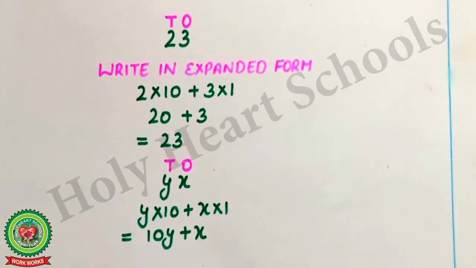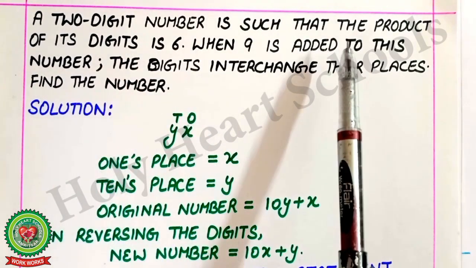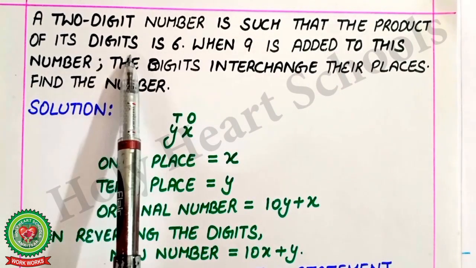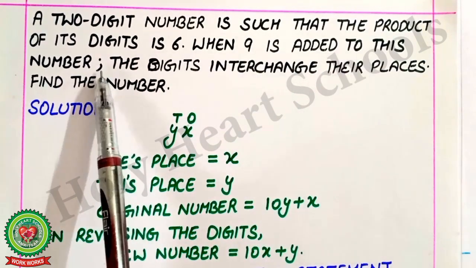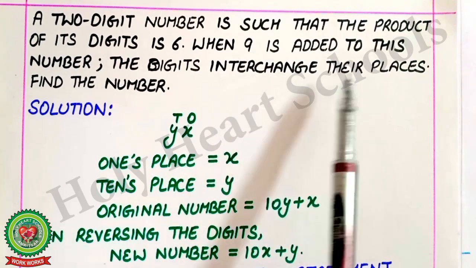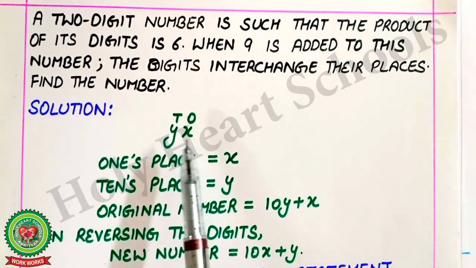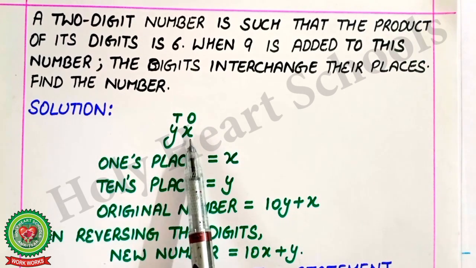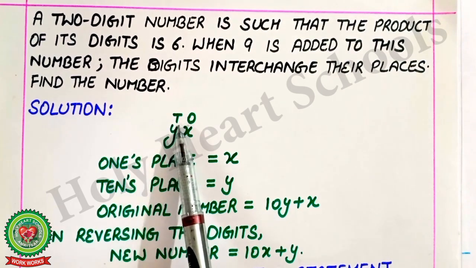Now we will do an example related to this topic. A 2-digit number is such that the product of its digits is 6. When 9 is added to this number, the digits interchange their places. Find the number. So first of all, let x be in the 1's place and y in the 10's place.